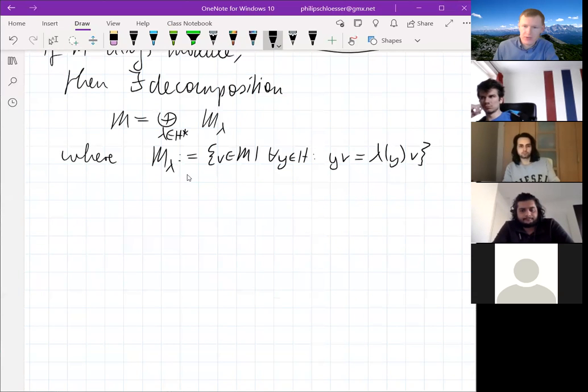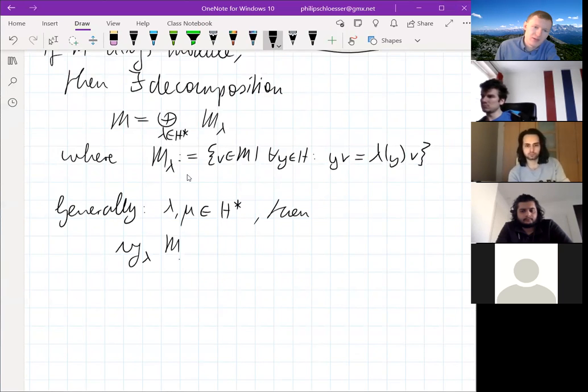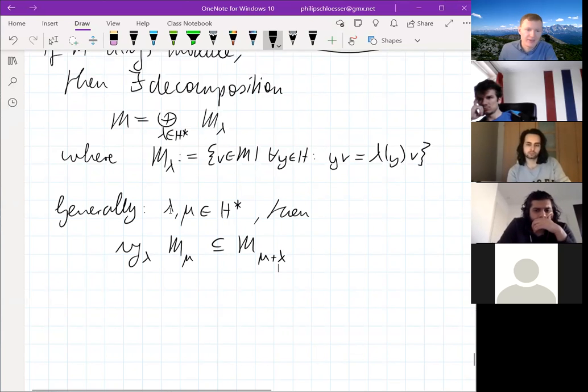So you might ask, how do these work together? If lambda and mu are any element of the dual space of H, then if we multiply any element in the lambda root space with an element of the mu weight space, we get an element of the mu plus lambda weight space. So we basically add eigenvalues.